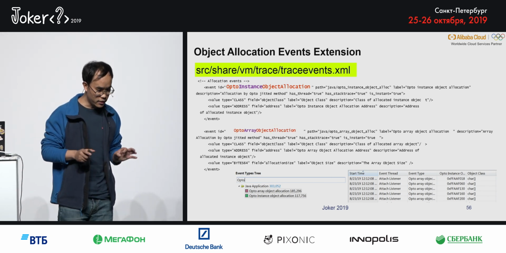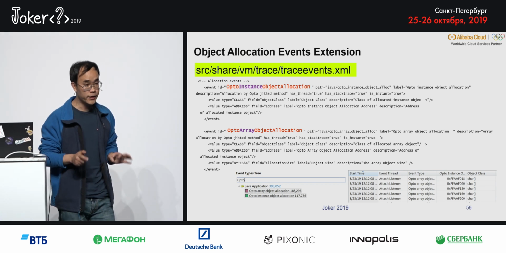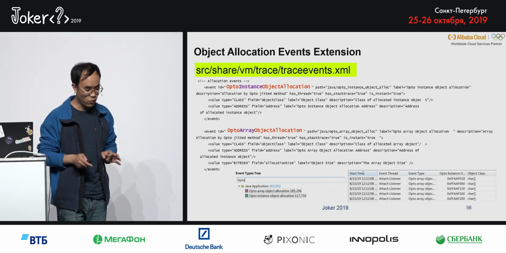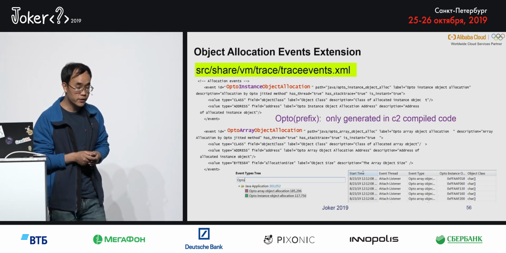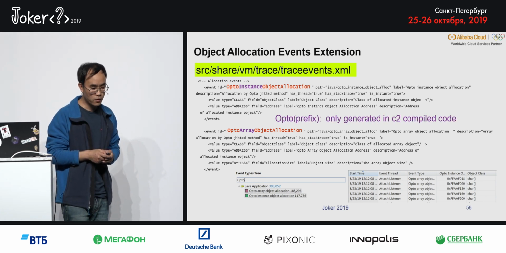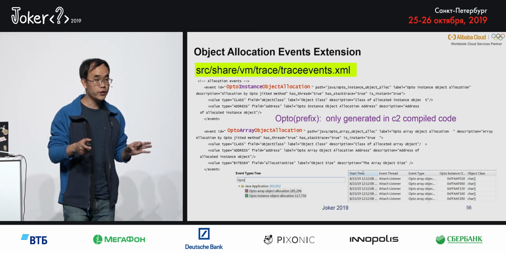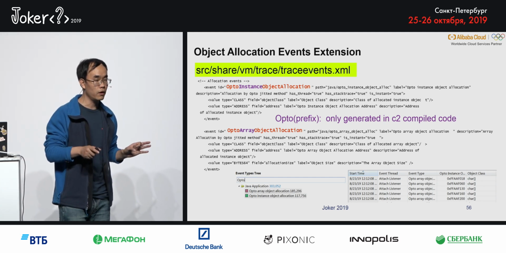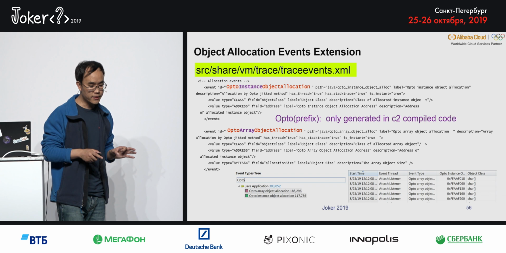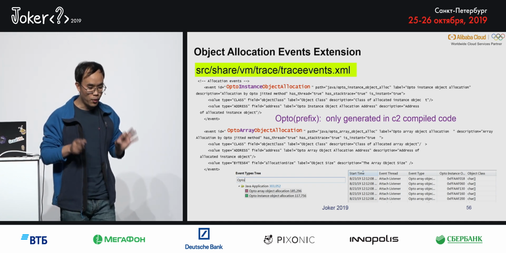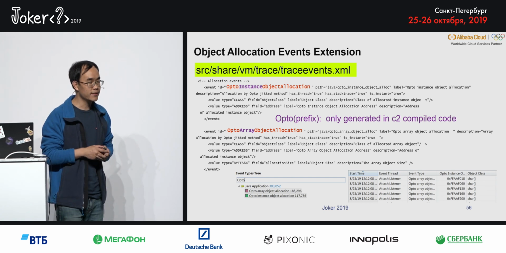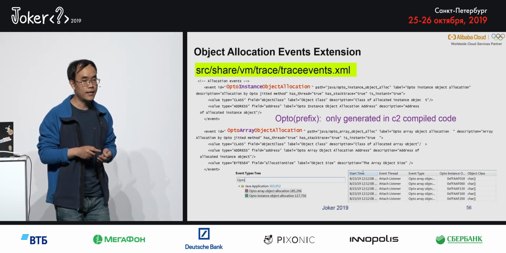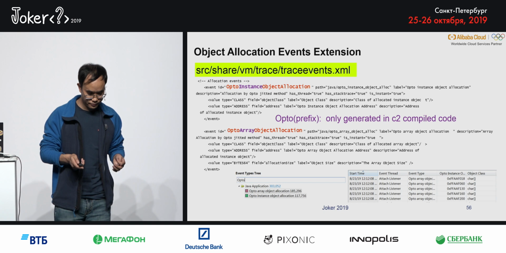The second event is called array object allocation, which is for arrays. So what's the up-to? Up-to is a prefix, a terminology used in HotSpot in OpenJDK. It means we only generate samples in C2 compiled code. So far, our implementation does not support C1 or the interpreter.